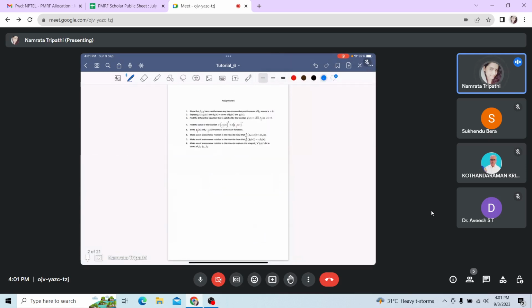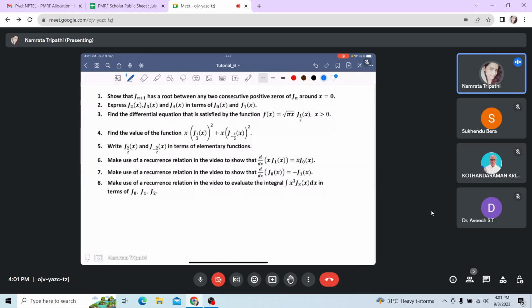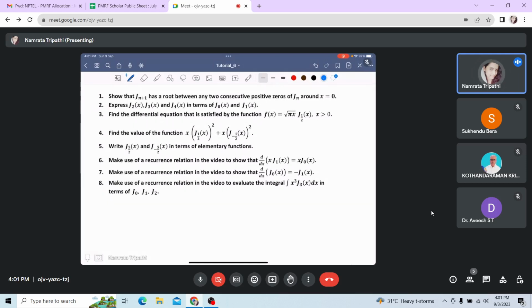Question number 6 is, make use of recurrence relation in the video to show that d by dx of x z1 of x is equal to x z naught of x. Which recurrence relation will we use in this question?